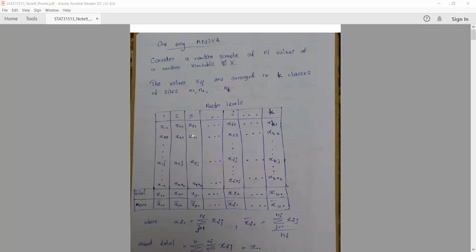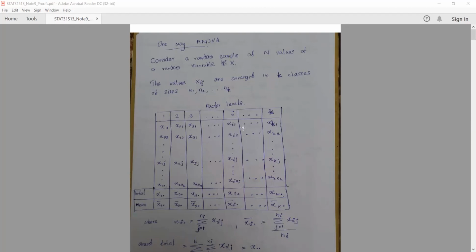This should be x32. So if you take this one, it should be x3j. That is the jth observation under factor level 3, or the jth observation under treatment 3. Likewise, for the ith treatment, xi2 is the second observation under the ith treatment.